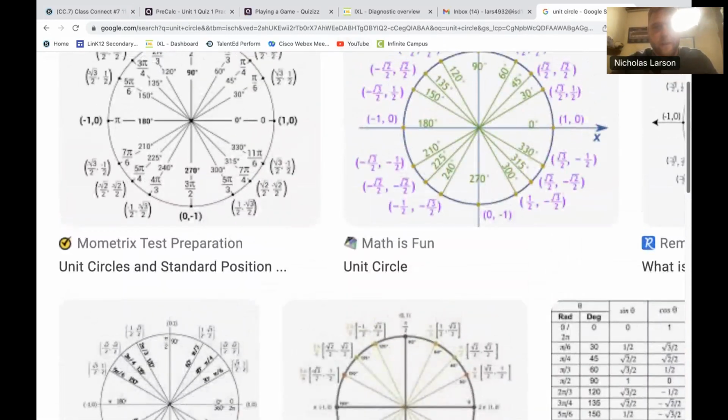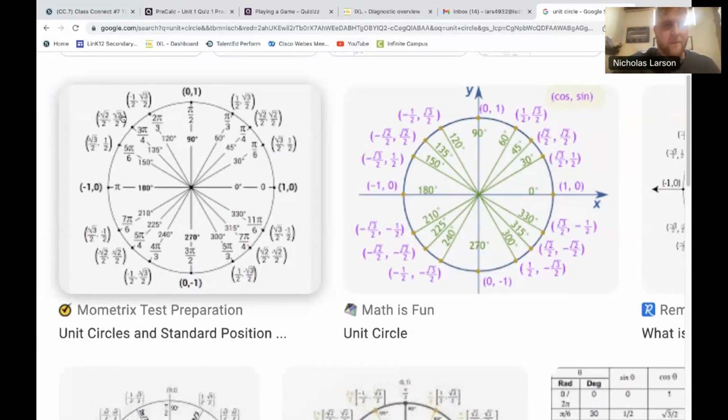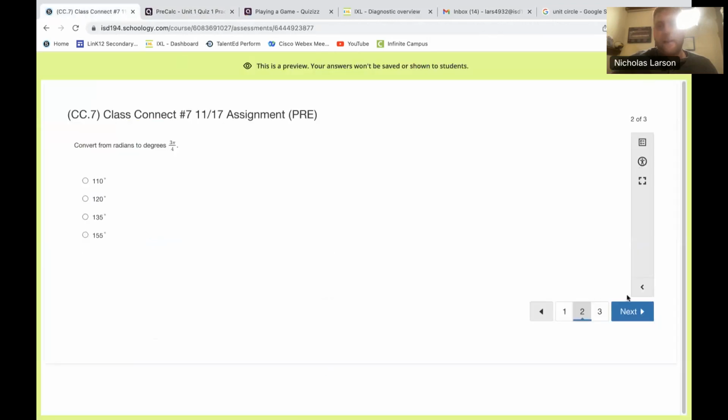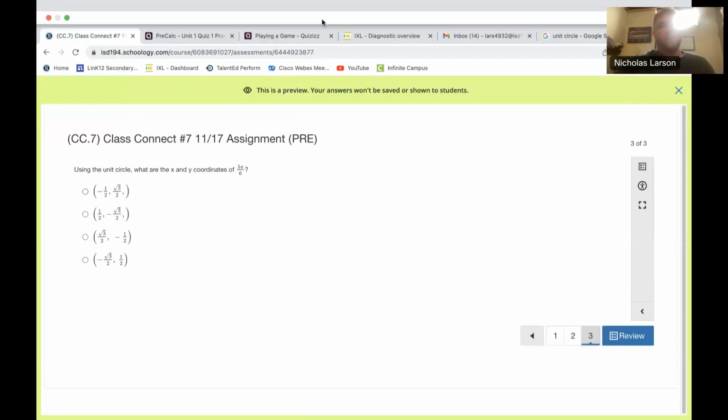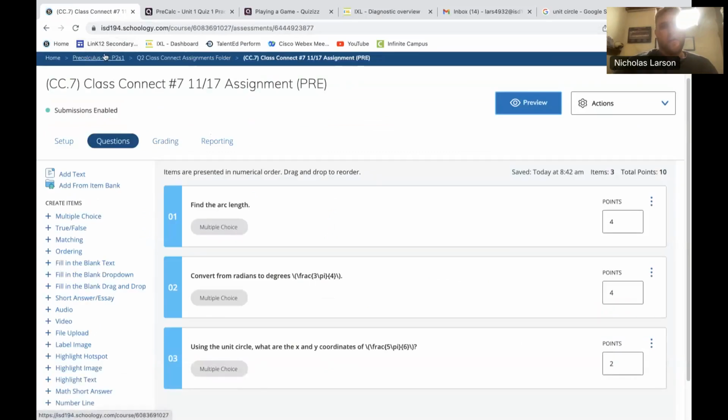If I were to find 3 pi over 4 on my unit circle, I think I could determine what that was. And last but not least, using the unit circle, what are the x and y coordinates of 5 pi over 6? So again, I'm really trying to hammer the point home that we need to know our unit circle.